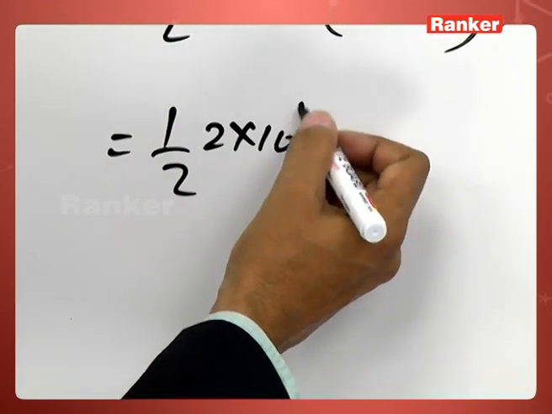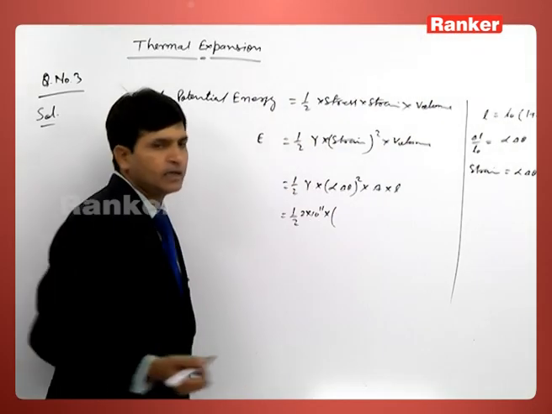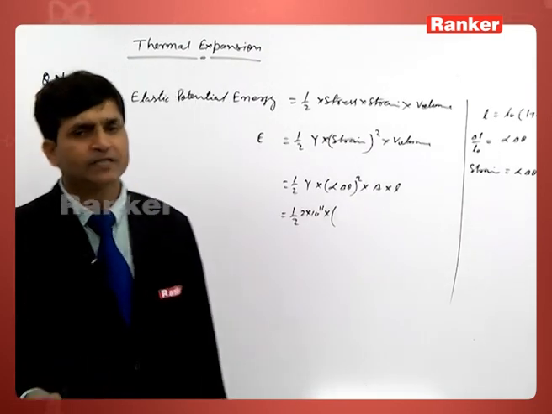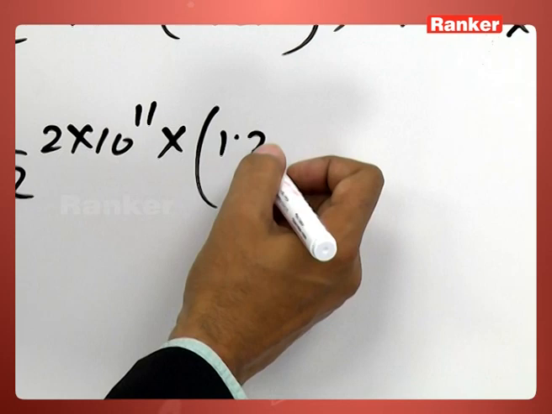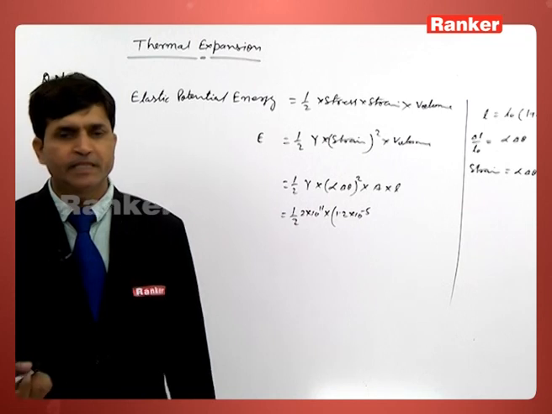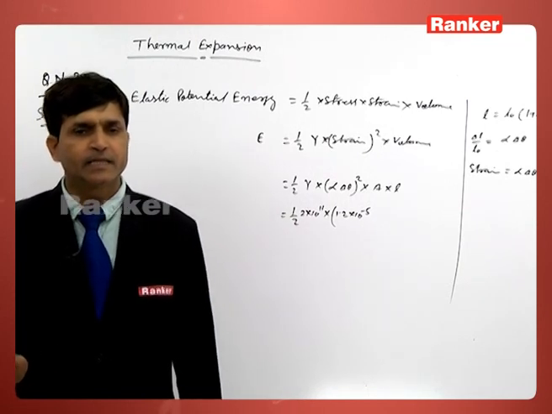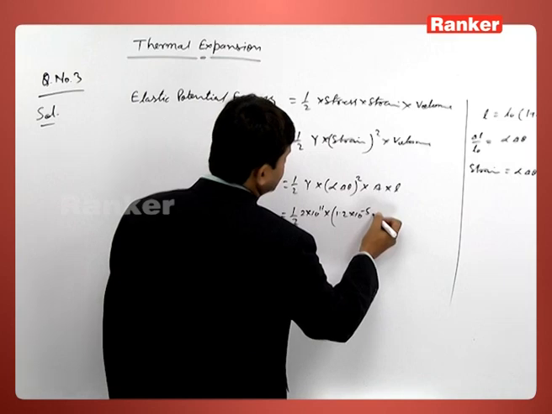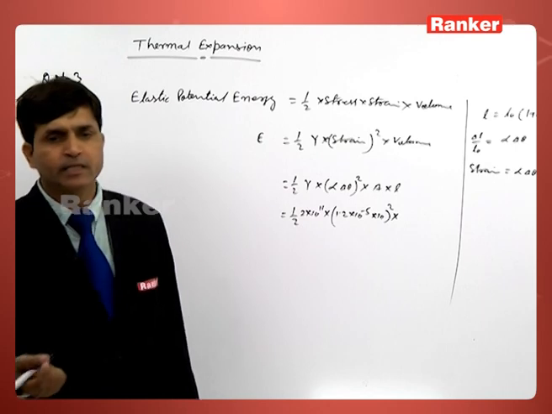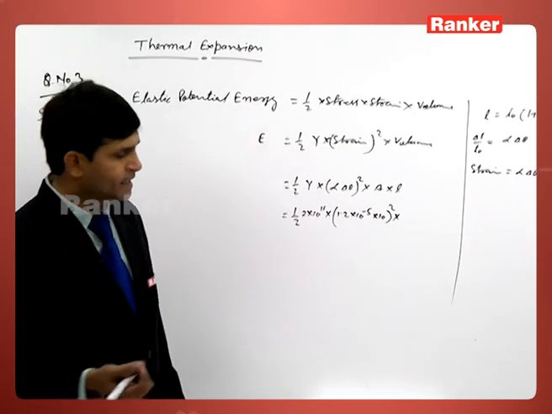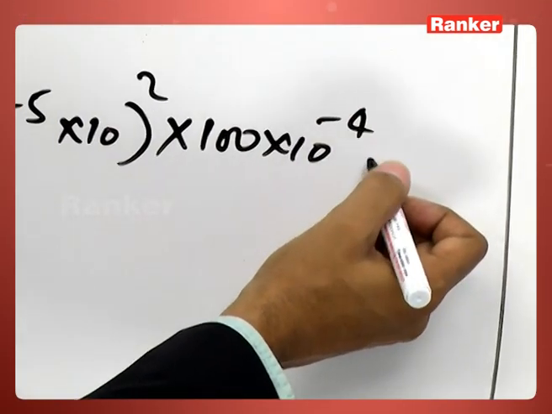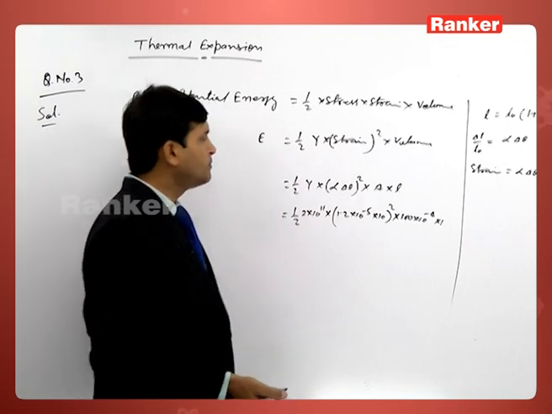Alpha, the expansion coefficient, is 1.2 into 10 power minus 5. And delta theta, the temperature change, is 10 degrees Celsius, that is 10 squared. Area of cross section of the track is given as 100 centimeter square, so that is 10 power minus 4 meter square, and length is 1 meter.